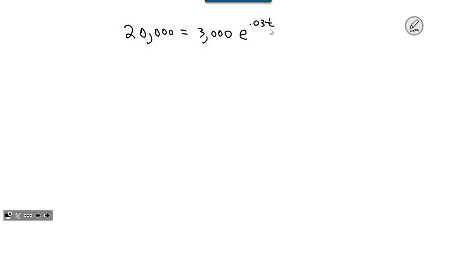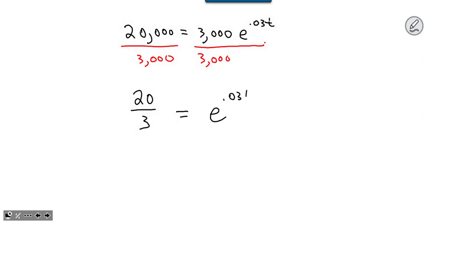My very first step is that I have got to get this entire exponential expression by itself. So I'm going to have to divide both sides of this equation by 3,000. If I divide both sides by 3,000, my zeros cancel, and I'm left with 20 over 3 is equal to e to the 0.03 times t.